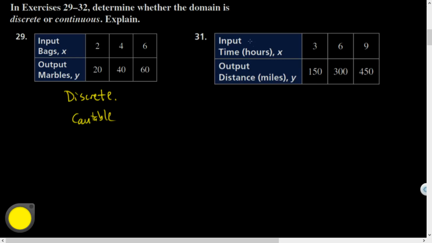And over here, if I have a time and then a distance over that time, unless you can teleport, chances are at one point you're at 150.5 miles and 150.72 miles and 150.9 miles before you get to 151 miles. So this would be a continuous function, because you are able to have decimal or fractional amounts of miles.